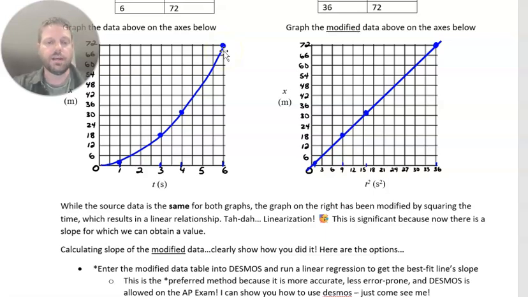So we can't do that with graph paper by hand. So a little sneaky way to do this is to graph x versus t squared, get a straight line, and then that slope is something we can get easily, and that's a way of doing a regression on a nonlinear curve.